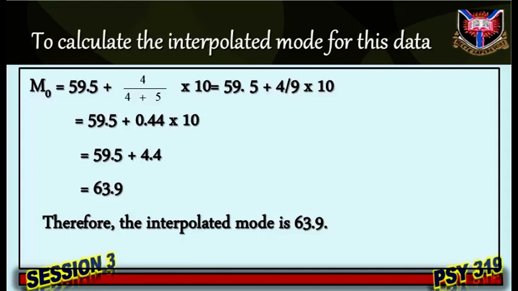Therefore, the interpolated mode is 63.9. The interpolated mode within the modal class interval improves the estimate of the mode by allowing the adjoining frequencies to add their weight in arriving at a final estimate.